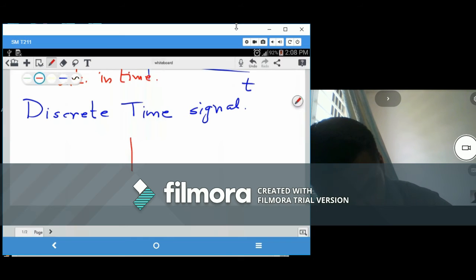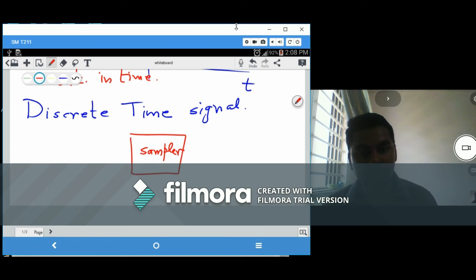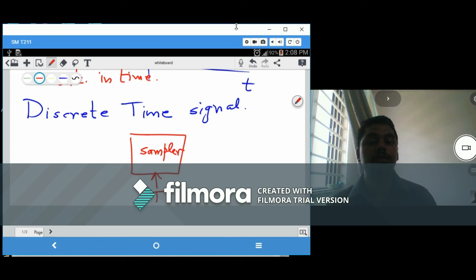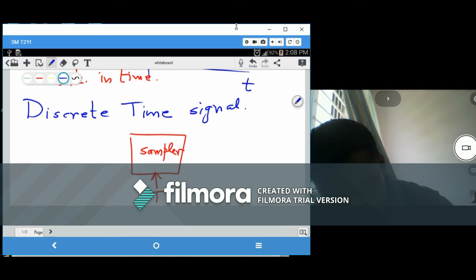We have the block which is called a sampler, which is vital in the discretization process with respect to time, and one of its inputs is what is called the sampling time or the sampling interval.